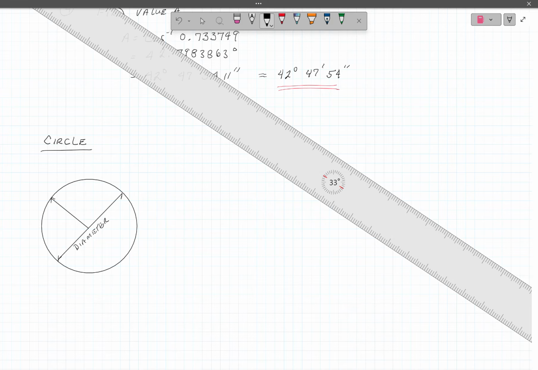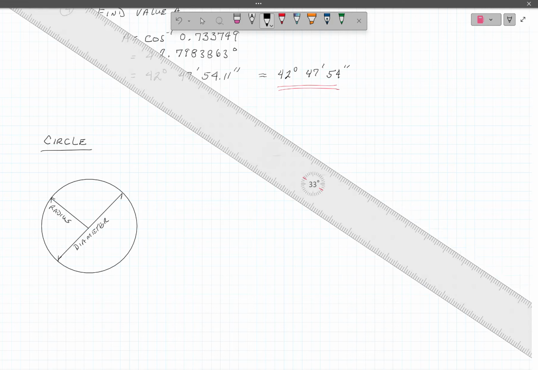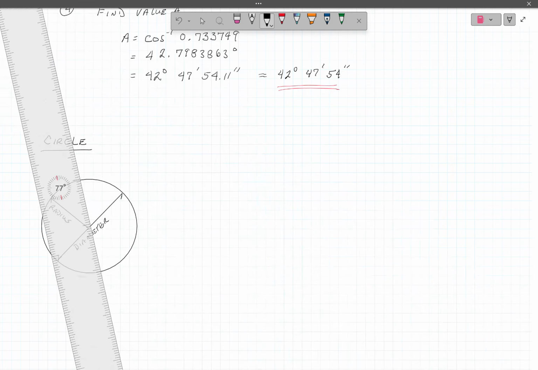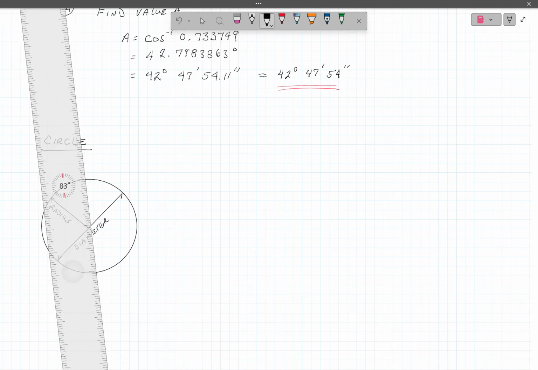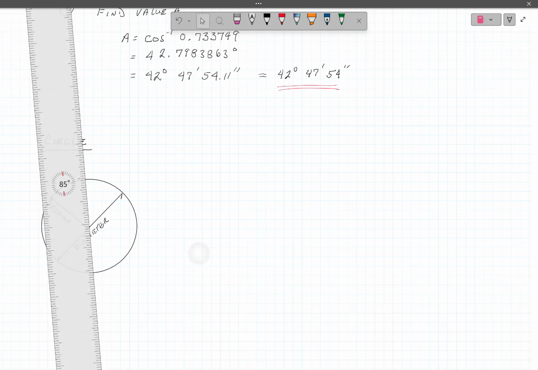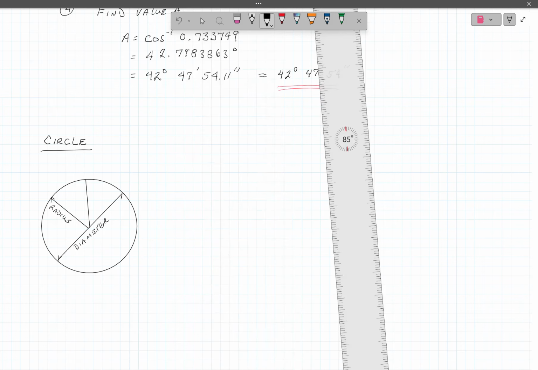Then another line off this, and this will make an angle in here.